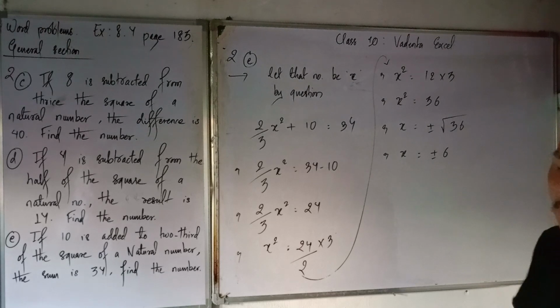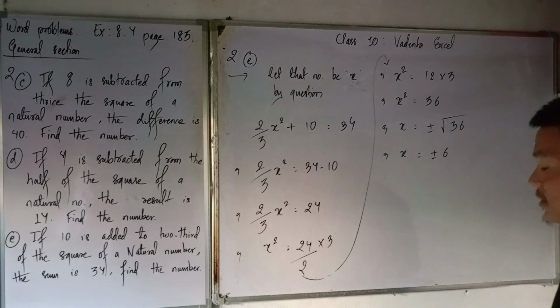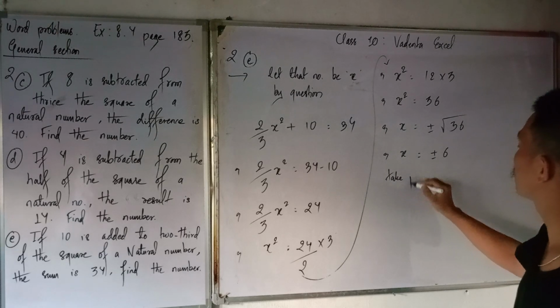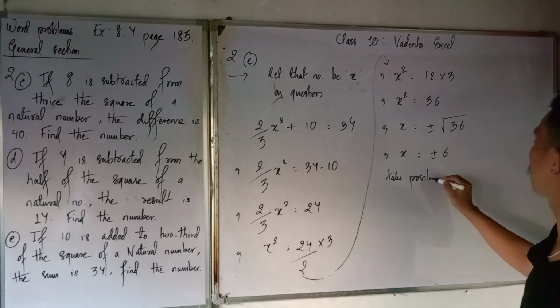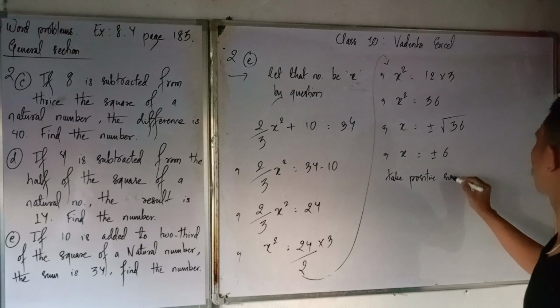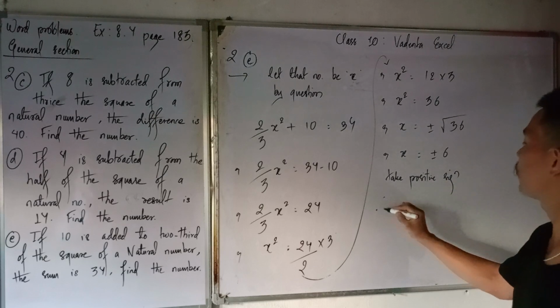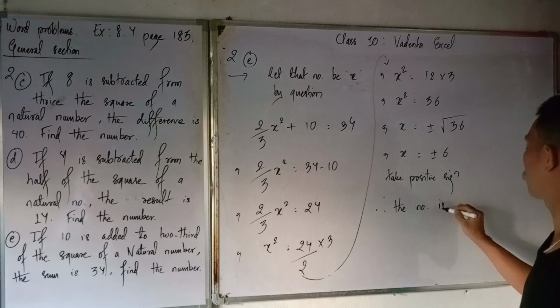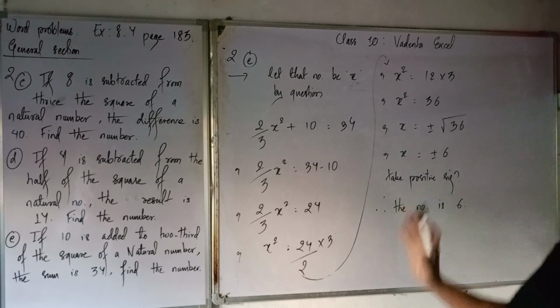Since it is a natural number, we negate the negative sign and take the positive sign, therefore the number is 6.